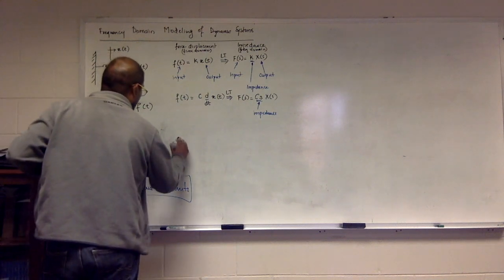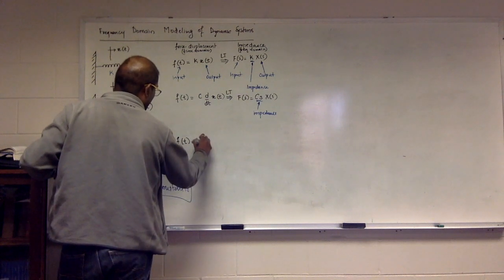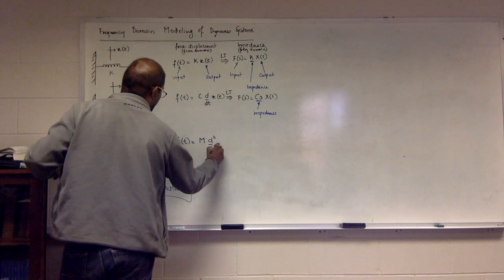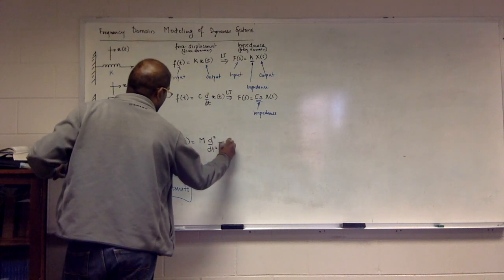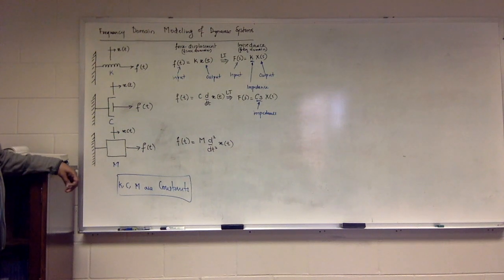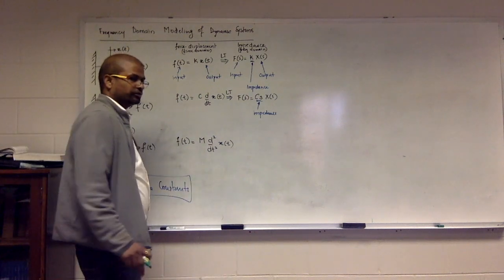Here, f of t will be m d square over dt square of x of t. Newton's law: force is equal to mass into acceleration.